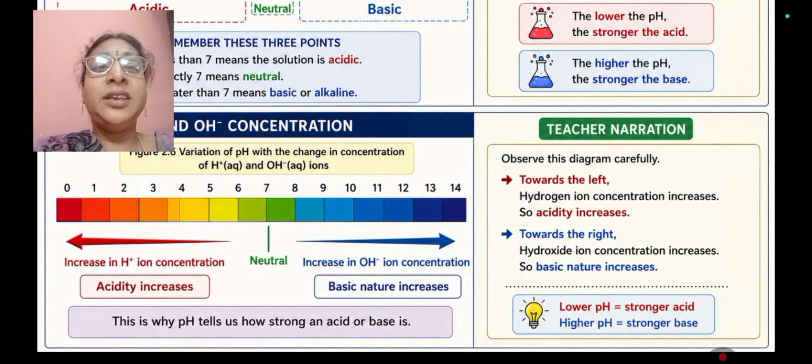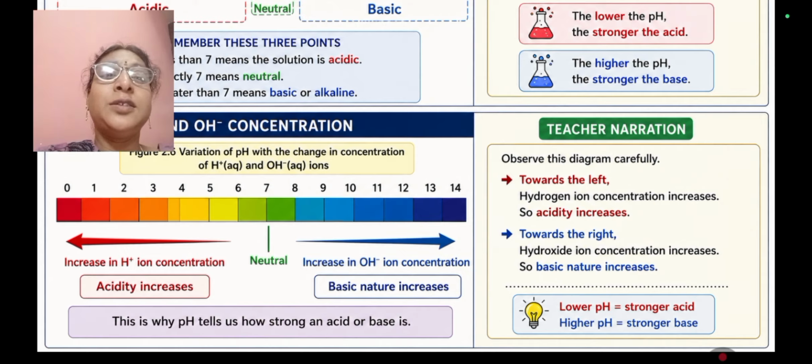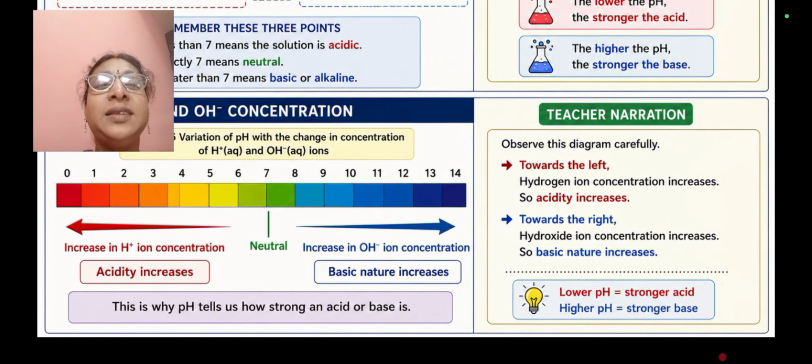So acidity increases from 6 to 0. In the case of bases, the OH minus ion concentration rises from 8 to 14. The highest number is the strongest base, with the highest OH minus ion concentration. So acidity increases with the values 6 to 0, and basic nature increases with the values 8 to 14. This is how pH tells us how strong an acid or base is.